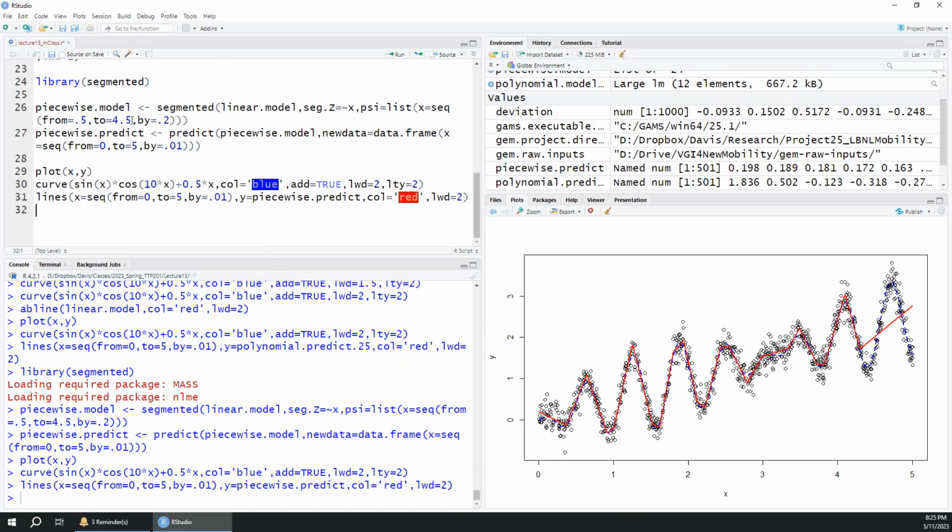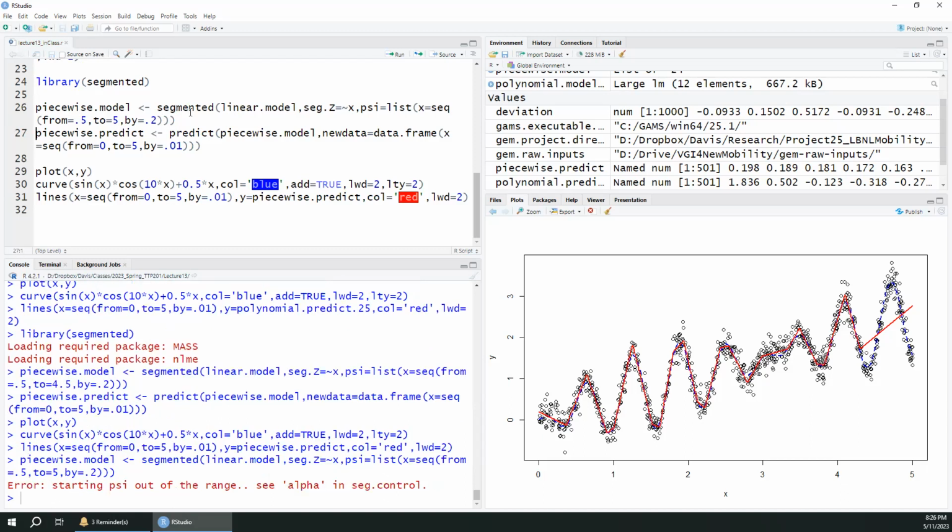Okay, actually, we only went from 0.5 to 4.5, which is why this line at the end goes through all of this. Let me see what happens if we go all the way up to 5. There might be some issues right at the border. Yeah, out of range.